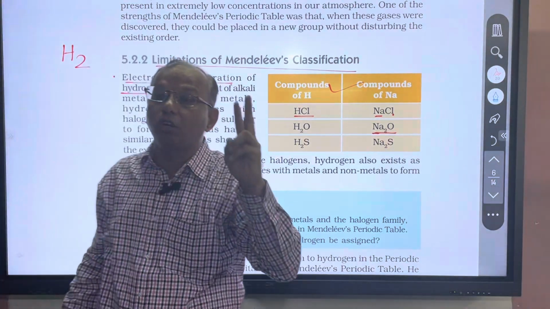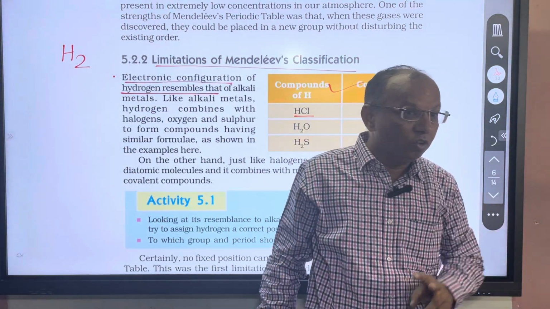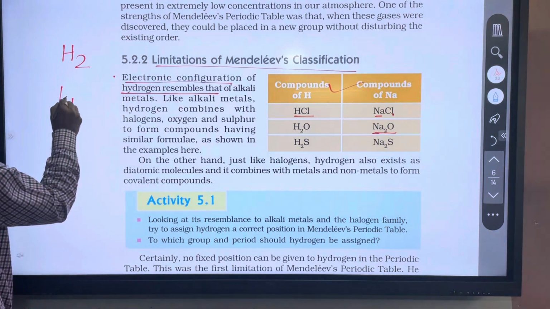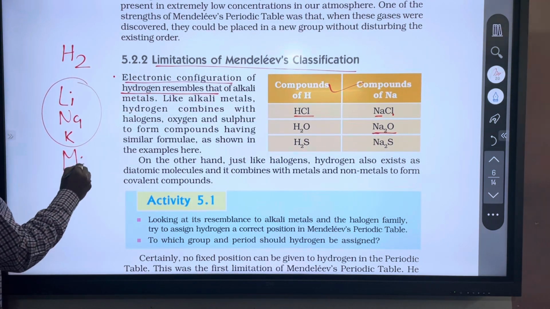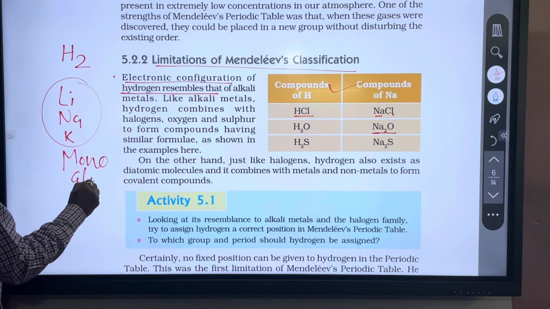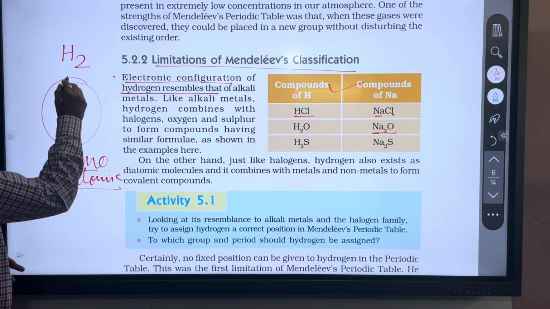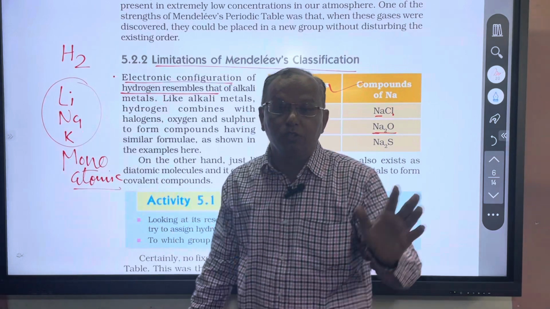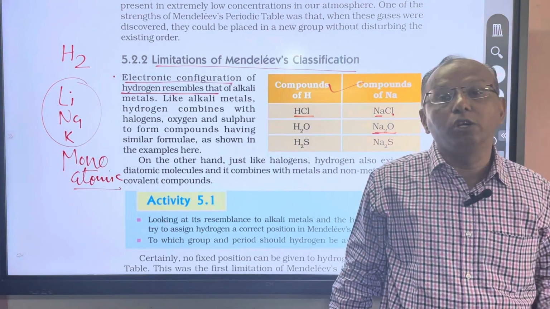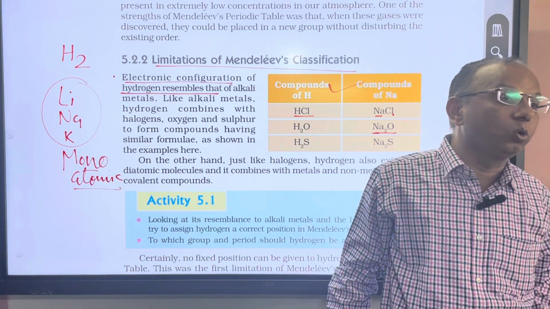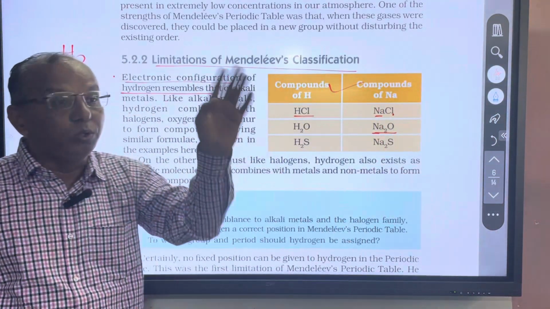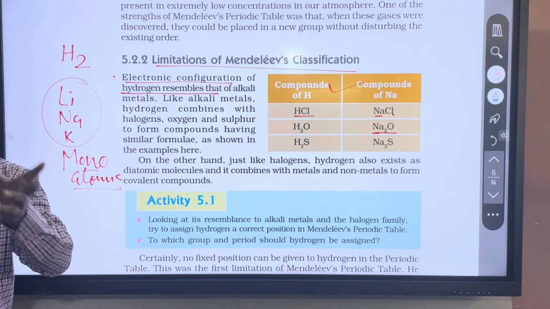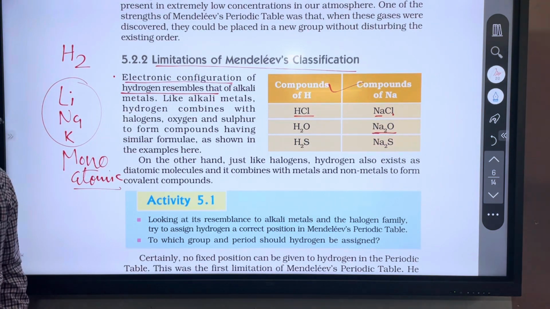Always two atoms of hydrogen are together, whereas lithium, sodium, potassium, these group 1 elements are monoatomic. So this is also a big controversy, and that is the reason we are not able to put hydrogen in group 1. Two positive things are there, but besides that, two negative things are there, and that's why hydrogen is not to be placed in group 1.